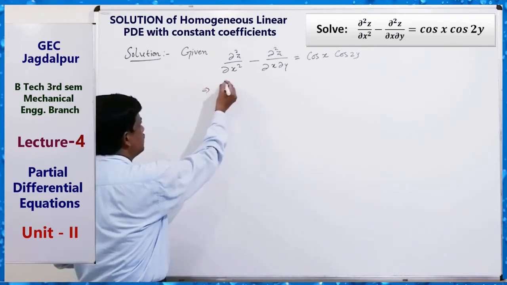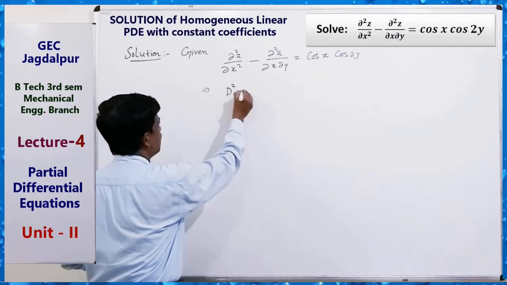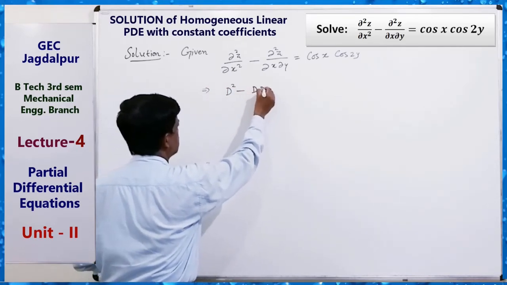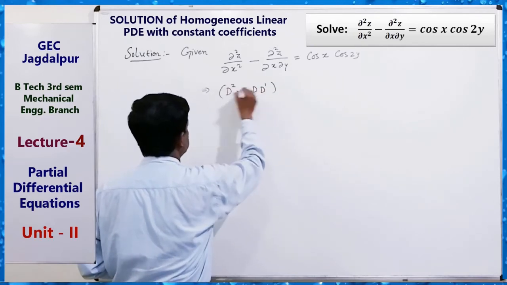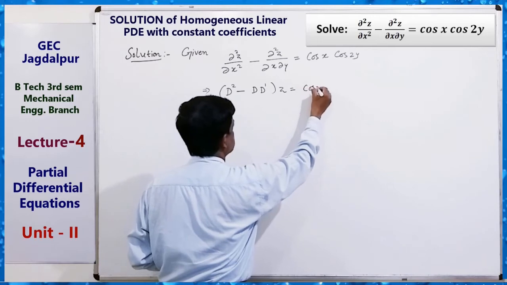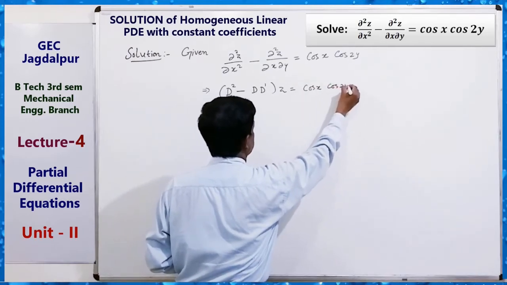It can be written as D square minus DD dash, z equals cos x cos of 2y.